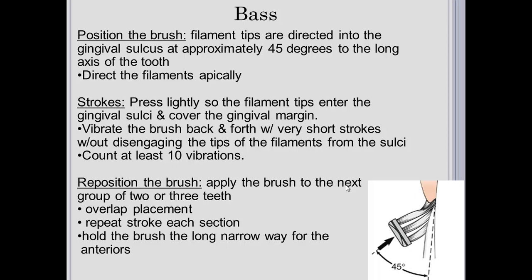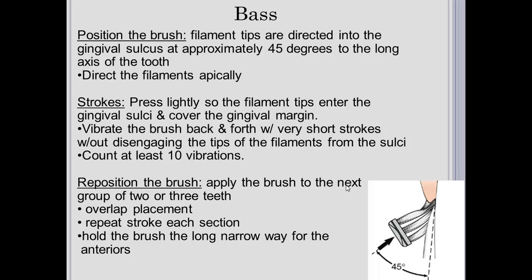So the way the brush is directed is basically at a 45-degree angle towards the apices of the teeth, and the filaments are actually inserted subgingivally. Okay, the brush should be pressed lightly, and you're making sure that the filaments are under the sulcus and cover the margin.